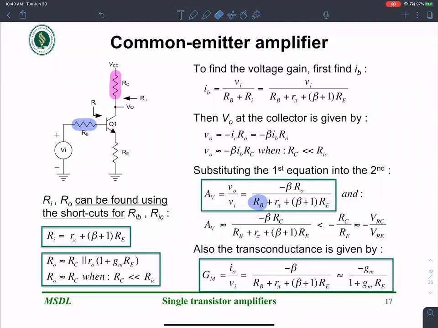So there is this plus RB, because this RB is in series with RIB. RIB is that guy, RB is this guy. The sum of these two will give me RI, looking into the base through this guy. Other questions, please.